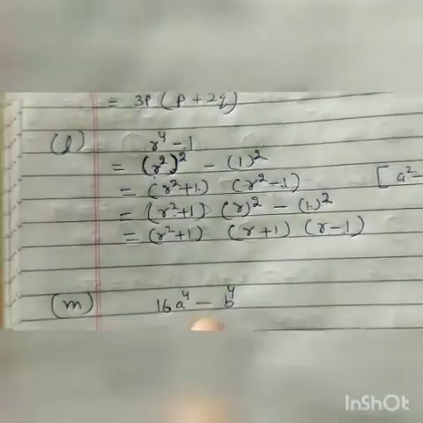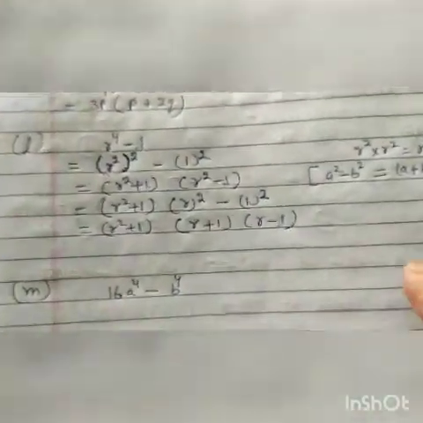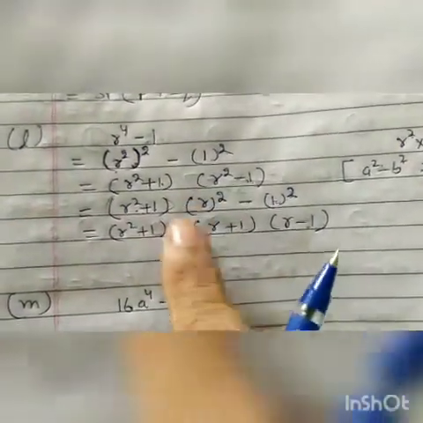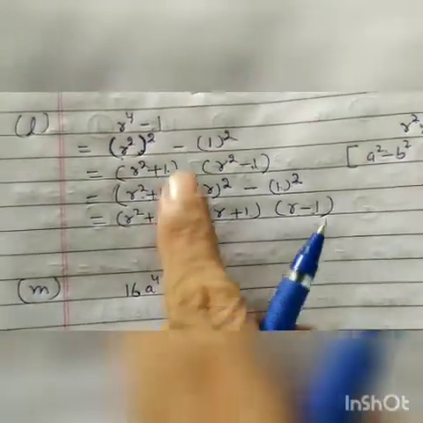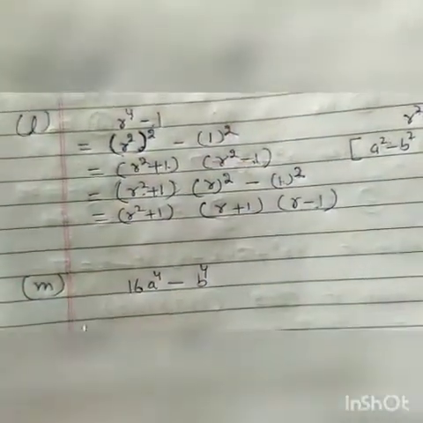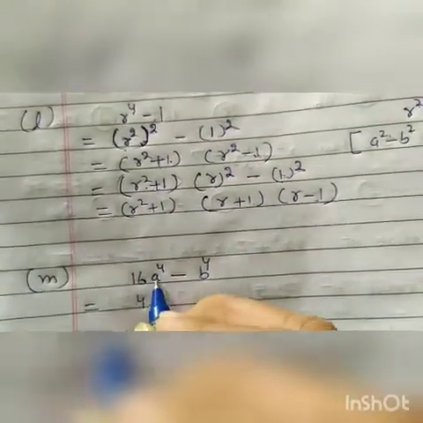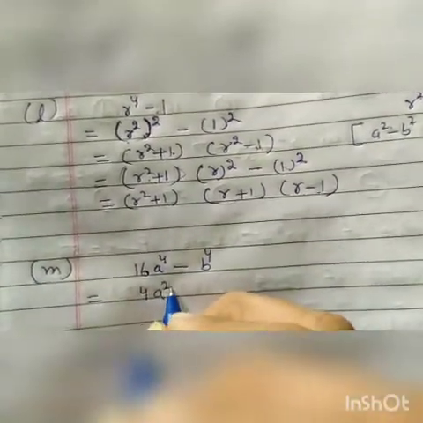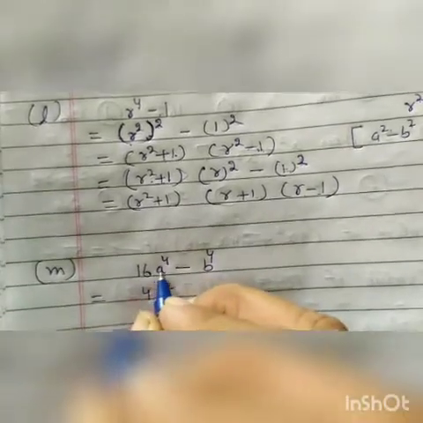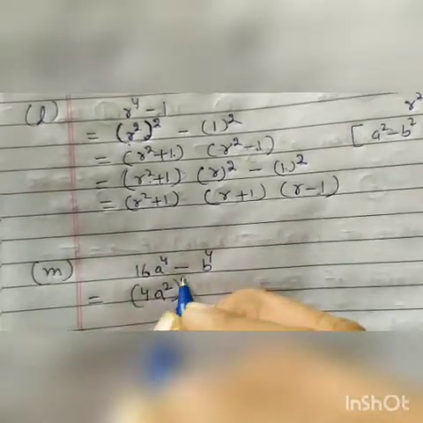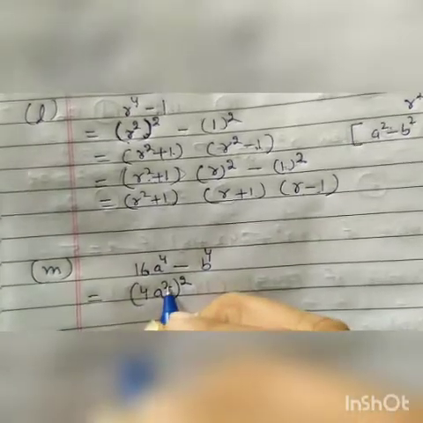Here also this is 100% same. We will follow the same procedure here. See, 16a power 4. 16 is the square of 4 and a power 4 is the square of a square. So we can write 16a power 4 as the whole square of 4a square.